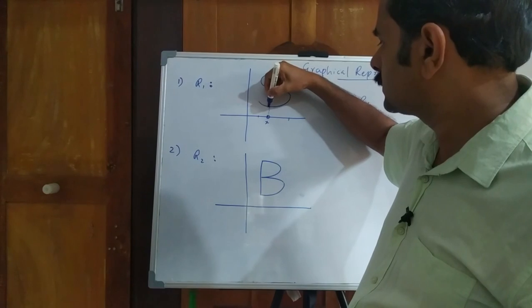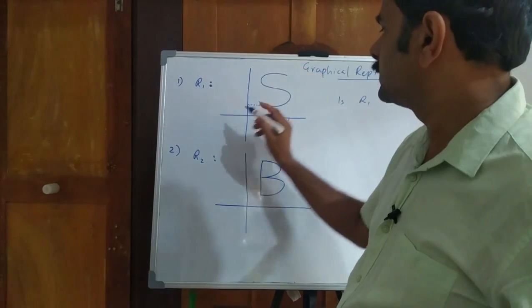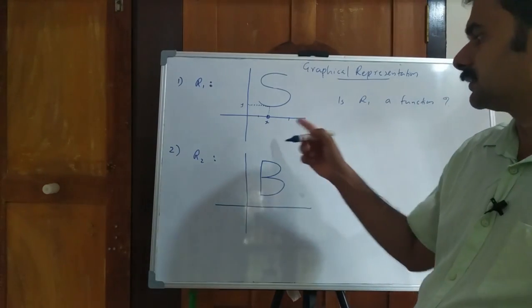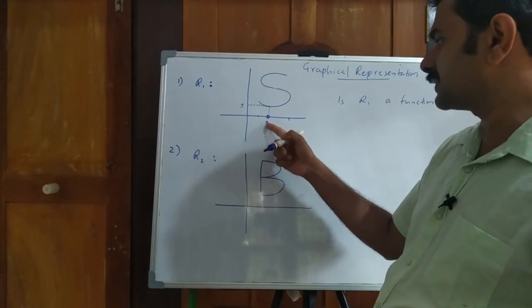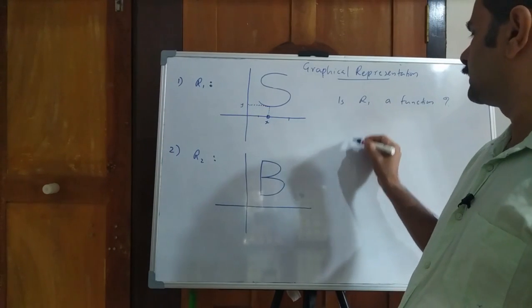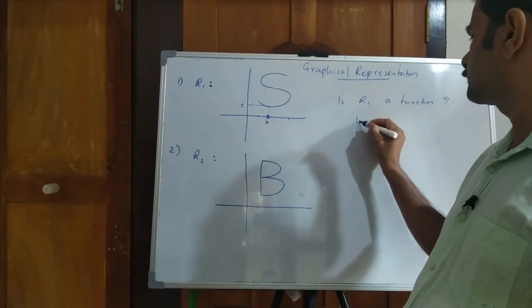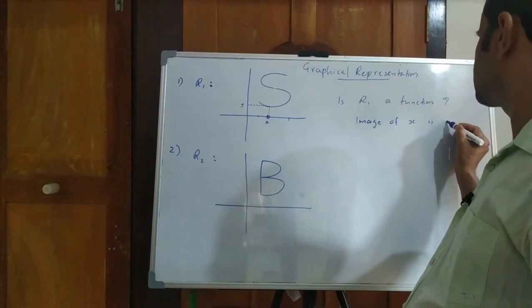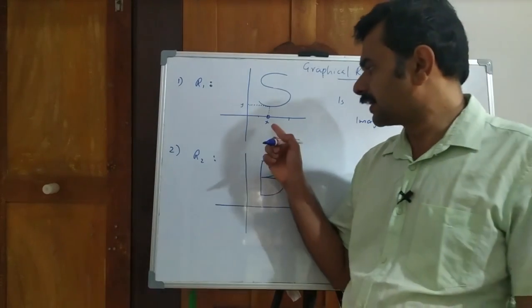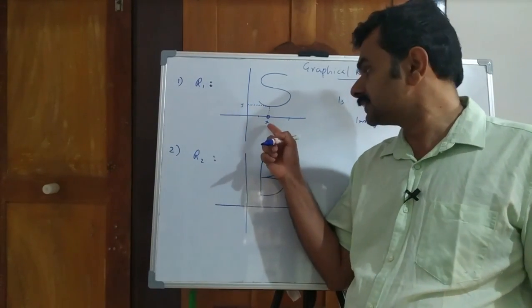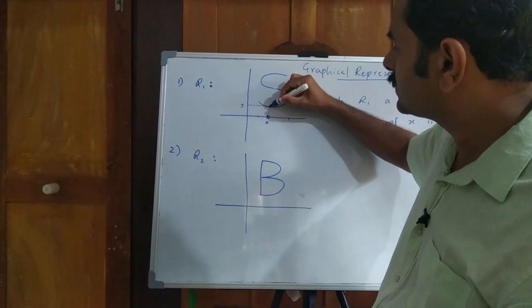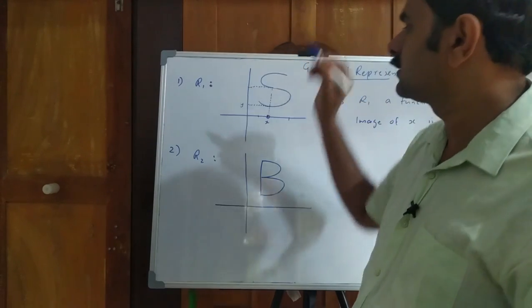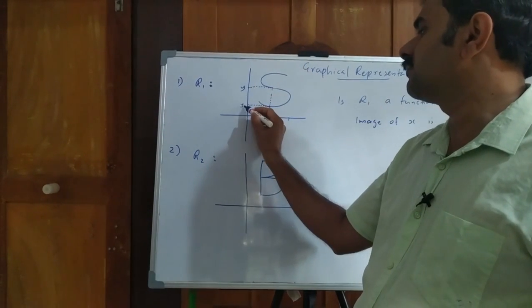Here, this is y. So the image of x is y. Can you see any other image for this x? Yes. Another y value here. Let it be y1.